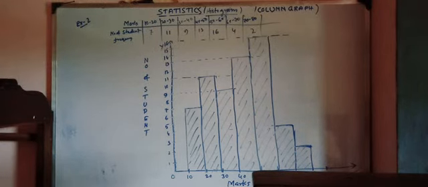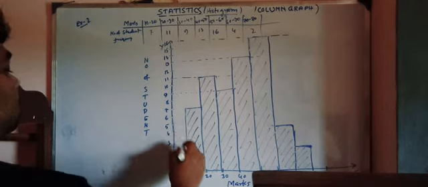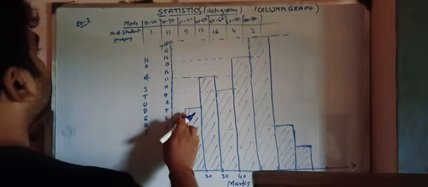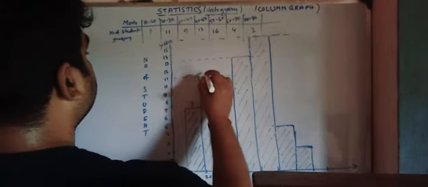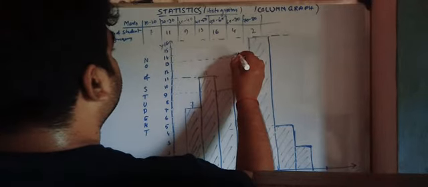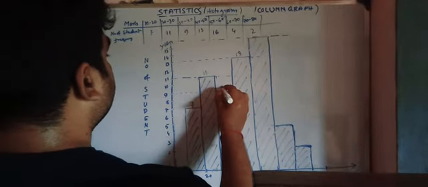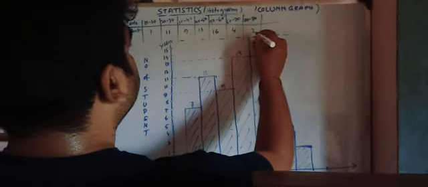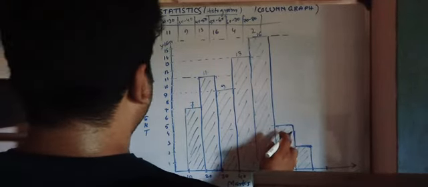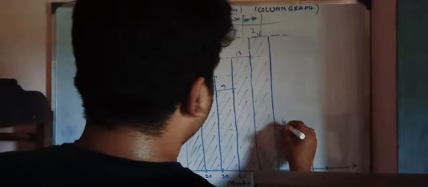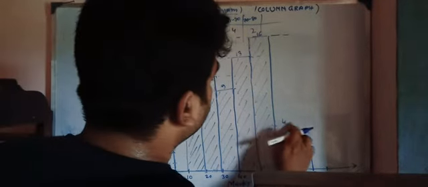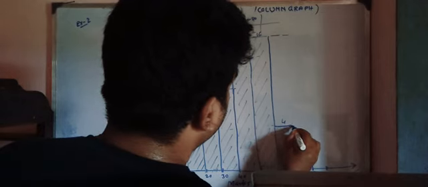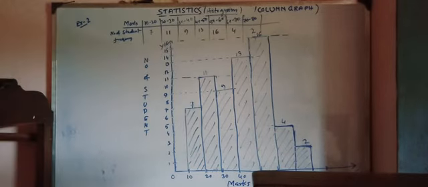So we can write the numbers on the top. This is 7, this is 11, this is 13, this is 9, this is 16, this is 4, and this is 2. Okay.